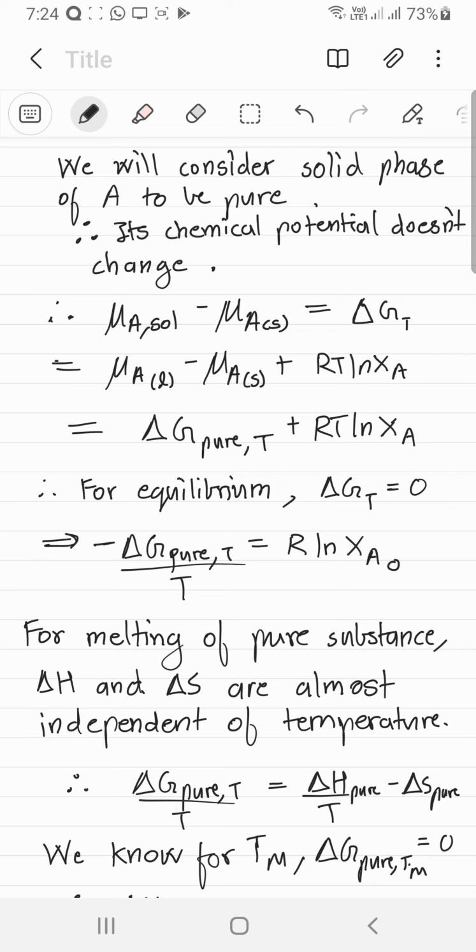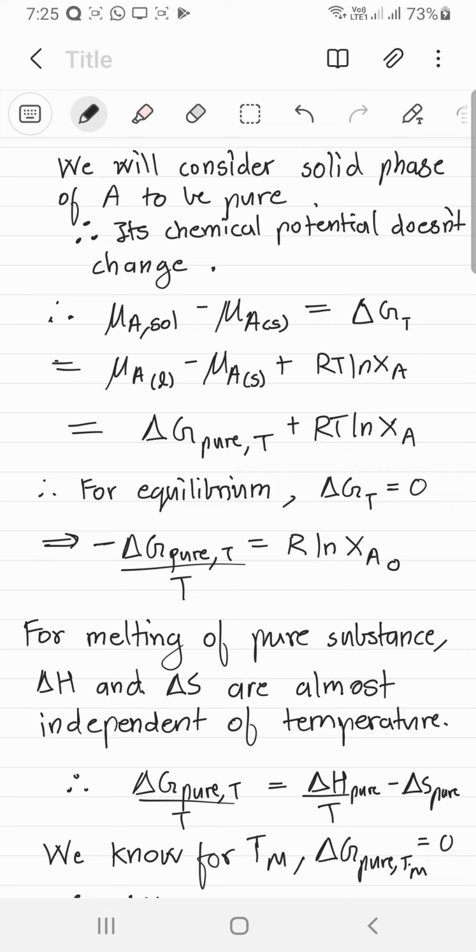From that we can figure out how the Gibbs free energy changes at a certain temperature and pressure. Well, pressure is not even in these equations, so let's not think about pressure. For a certain temperature, how does the Gibbs free energy change with the concentration? And for equilibrium, of course, you want this Gibbs free energy change to be 0.